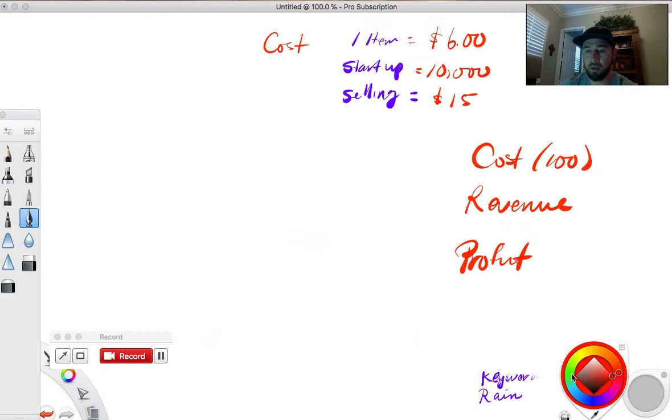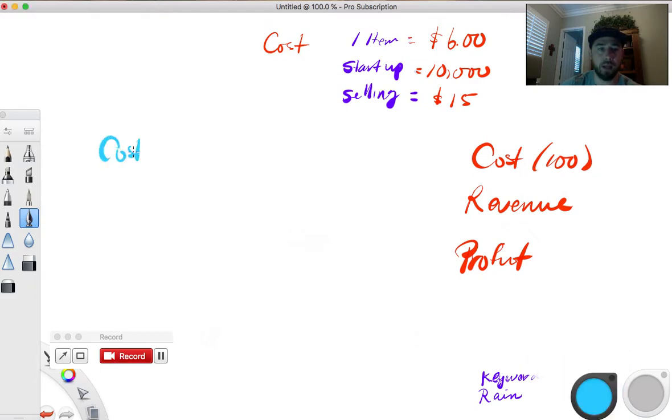All right, now let's go ahead and look at this. Our cost, remember, is always going to be your startup plus whatever you're selling your items for. So we're selling our items at $6 an item, and how many you're going to make. We're always keeping this at 100, because it's easy. We're going to make 100 items and sell 100 items.